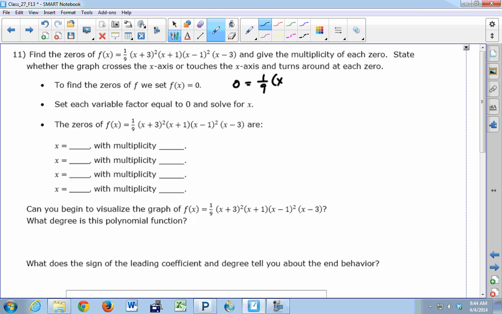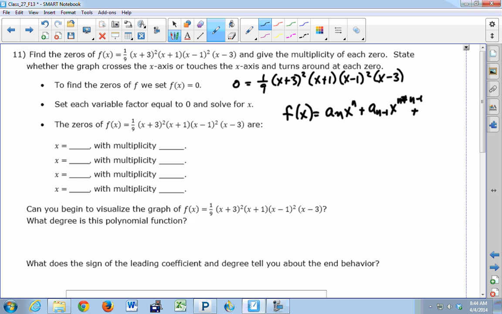And you notice that the little constant out in front, the 1/9, doesn't affect the zeros at all because it's a constant. When we wrote our polynomial like this the other day on the board, and we were looking at how we define a polynomial, and we kept going down to a1x plus a sub 0, what does this 1/9 correspond to in this polynomial form, not in the factored form?